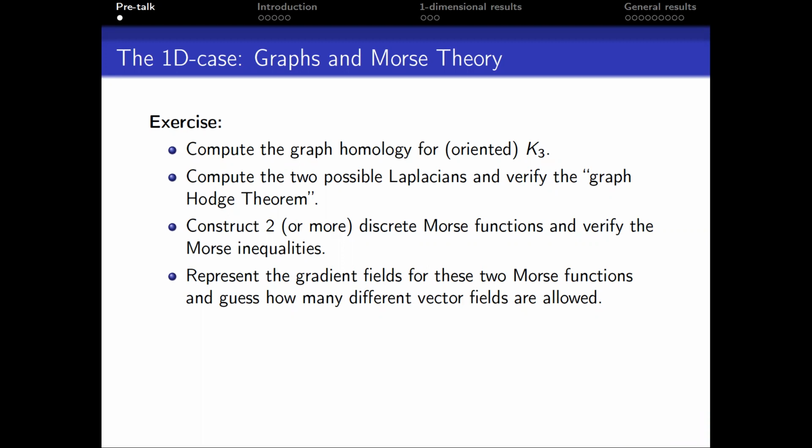So the homology H0 of K3 is going to be defined. In this case, this will be the 0 operator and the 0 operator here. So it's going to be the kernel mod image.